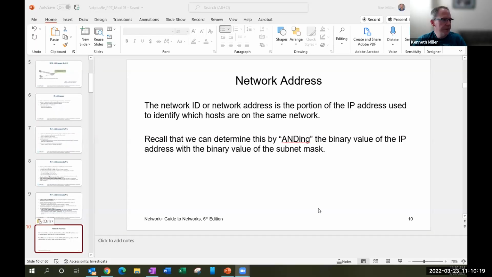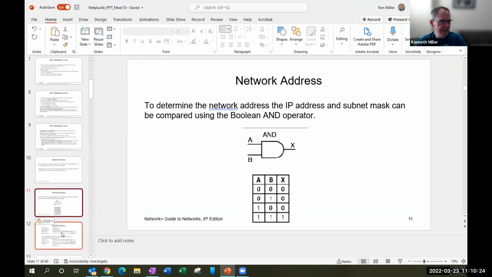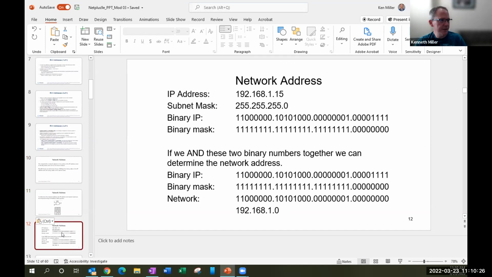Okay. So then the next piece of the puzzle that we need to understand, and let me stop this share and share my other screen again. So that's the network ID. So there's the AND gate. And there's an example there of 192.168.1.15 with 255.255.255.0.